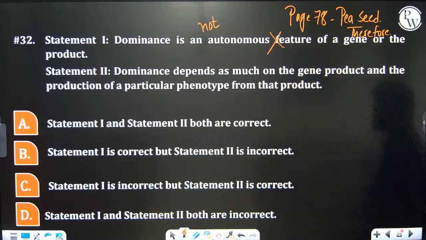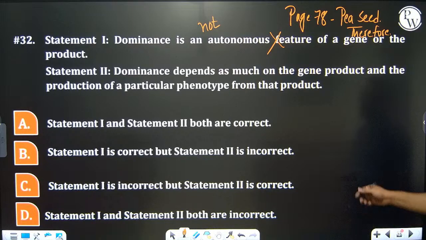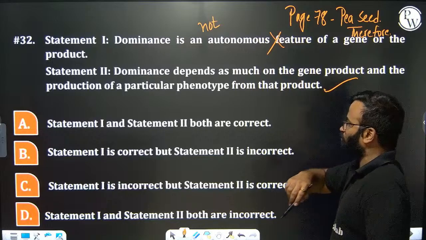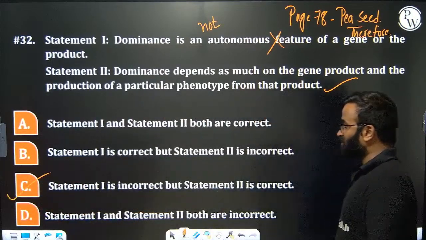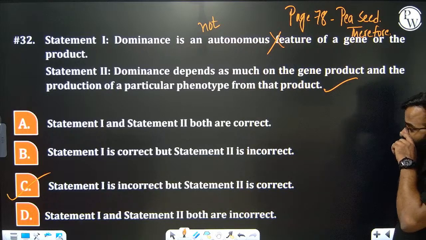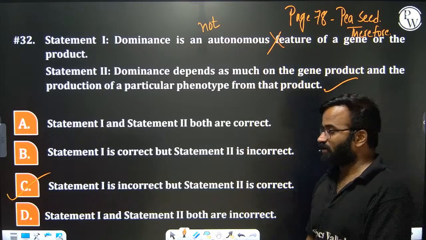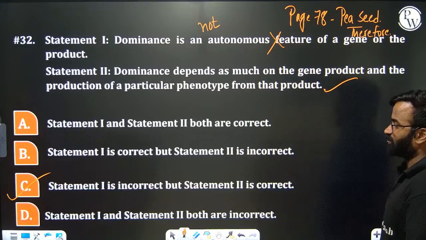Let's see the second statement. Dominance depends as much on the gene product and the production of a particular phenotype from that product, which is true. So I would go with C as the answer: statement 1 is incorrect, but statement 2 is correct.